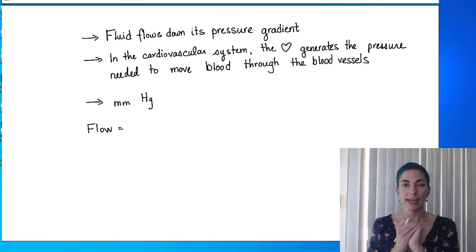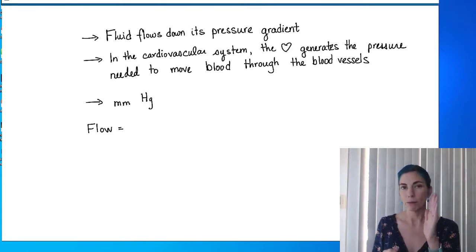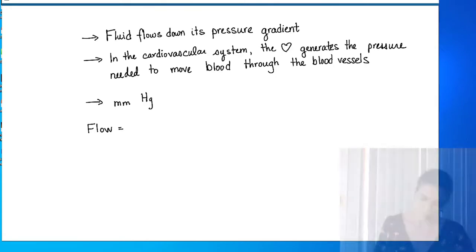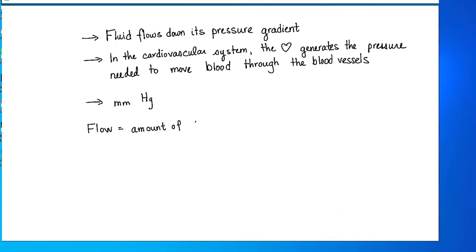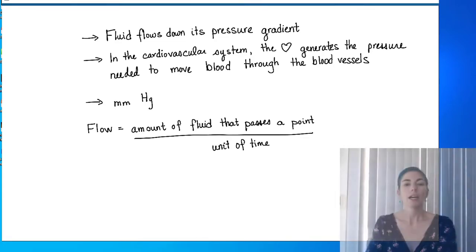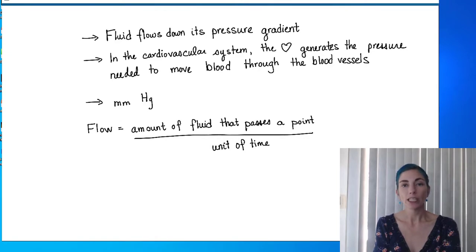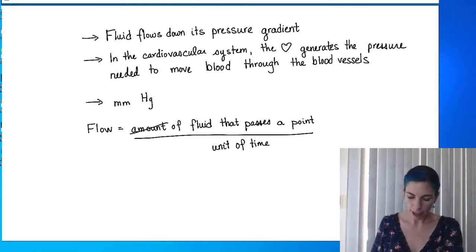Flow is defined by the amount of fluid that passes a certain point per unit of time. Since fluid is usually measured by volume, not weight or some other amount, we can change this to volume.